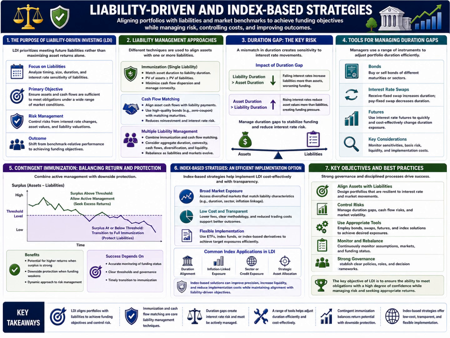The challenge becomes maintaining alignment between evolving liabilities and portfolio assets as market conditions change. Rebalancing may be necessary to preserve the desired relationship between assets and liabilities. In practice, institutions frequently employ sophisticated liability-driven frameworks that integrate actuarial assumptions, yield curve analysis, and risk management techniques to support long-term funding objectives while balancing return and risk considerations.